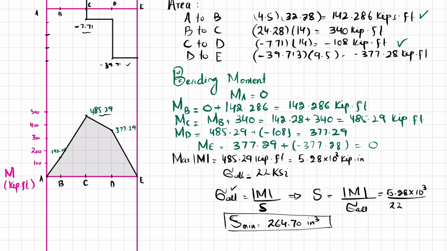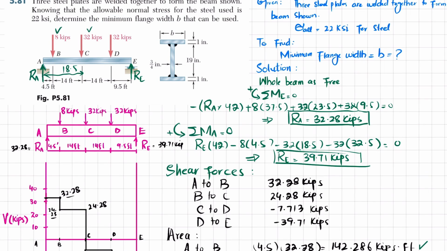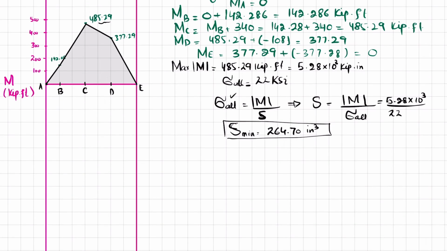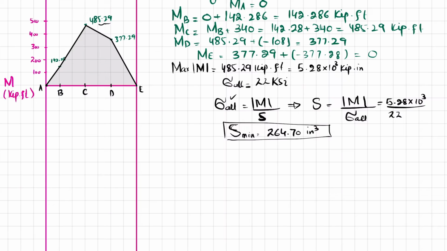Okay, now we have been given that the beam has this dimension. If I draw it below, you can see that this is B, this is 1, this is 19, this is 1, and this is 3/4. We will calculate its moment of inertia. So this is the top flange having width B. This is the web, and this is again the flange.